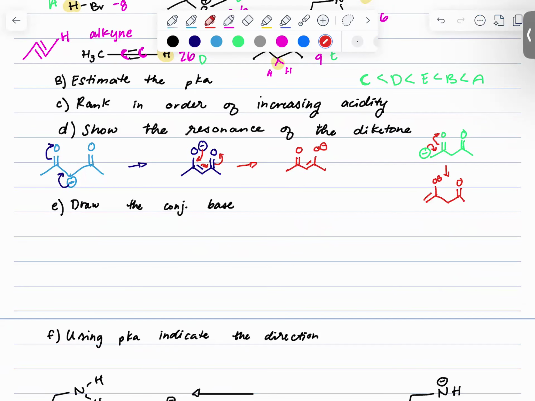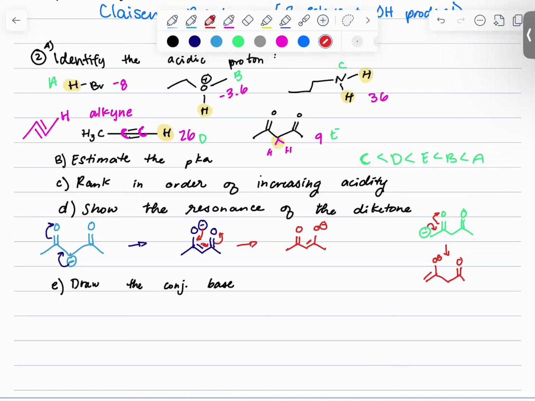Drawing conjugate bases. Anyone? Yes, question first. The conjugate base is just after you've removed the acidic proton.